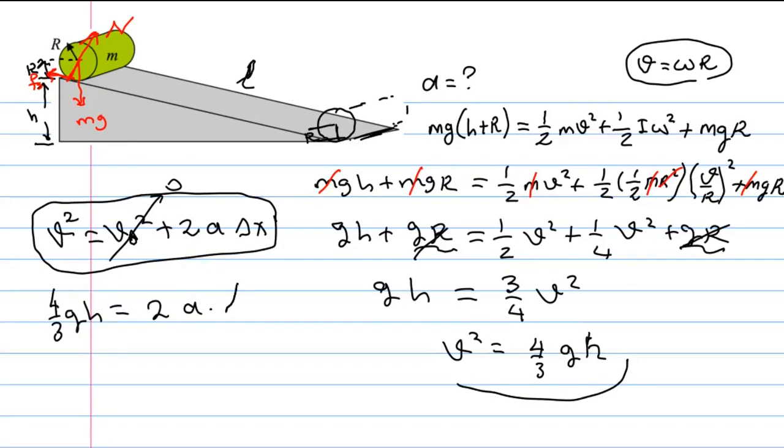So that is L. Solving for acceleration, we have 2/3 g h over L. h over L is, h is the opposite of this angle theta, and h over L is the sine. So acceleration is 2/3 g sine theta.